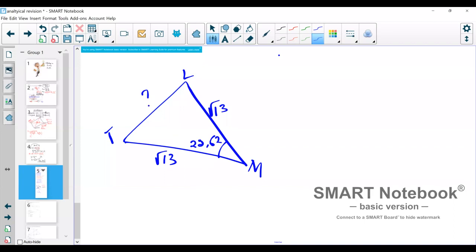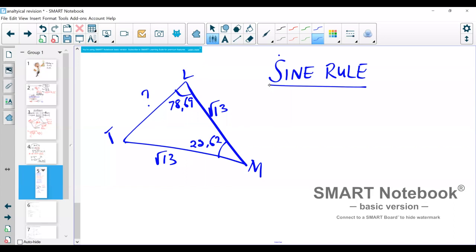By the way, I know this 78.69. I can simply use my sine rule. Yeah, it's a long process. It's a high order question.